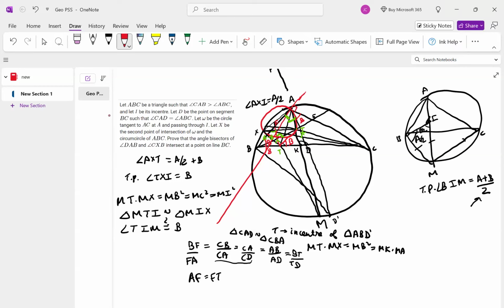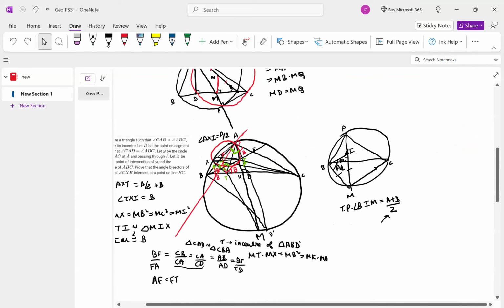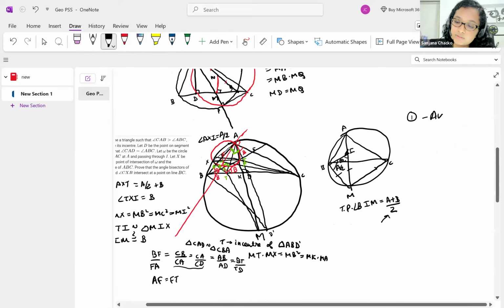I'm sorry, but could you write down the key steps? Sure, sure. Okay, so first we use angle chase.